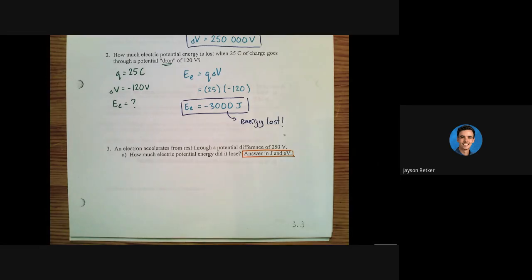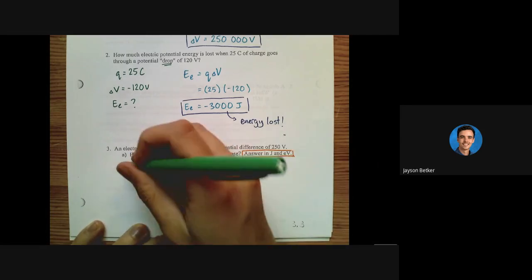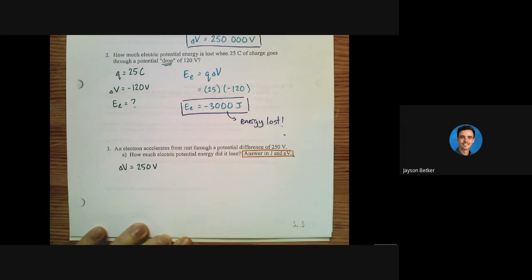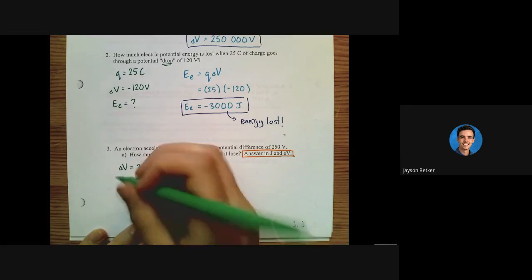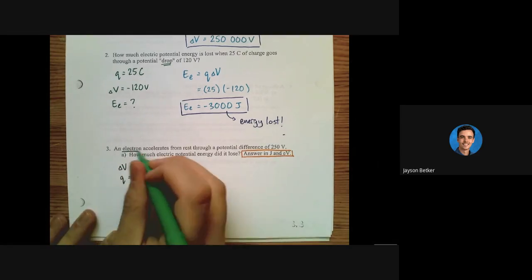An electron accelerates from rest for a potential difference of 250 volts. The key here: this doesn't look like we have enough information initially, because we have a potential difference of 250 volts. But we've also been given another piece of information here. What's our charge? What does this question say? An electron.